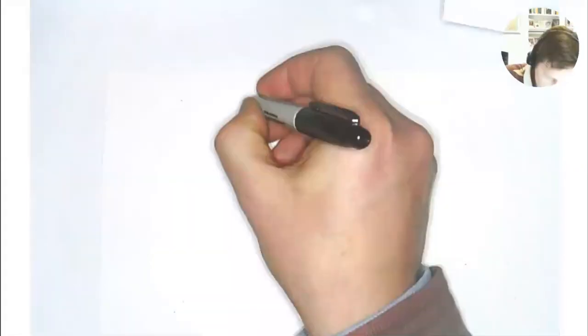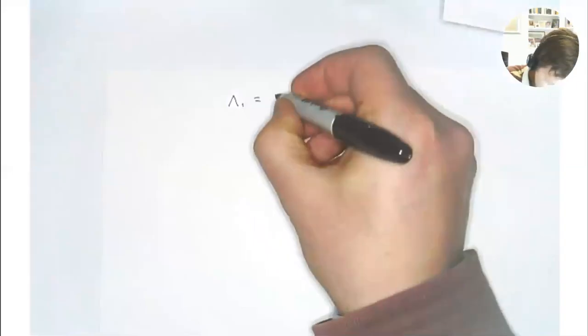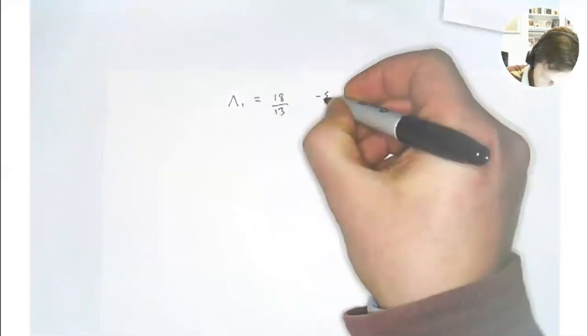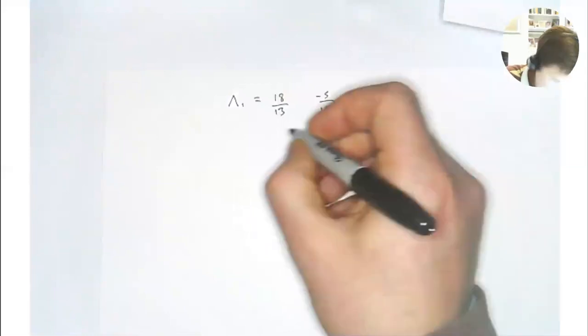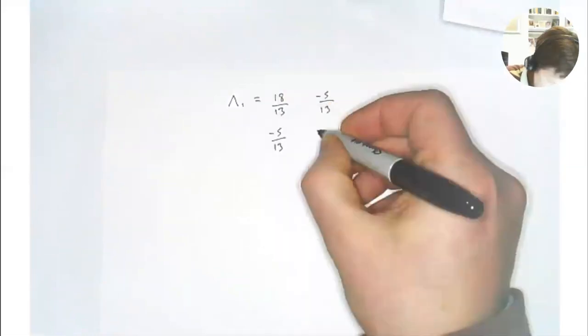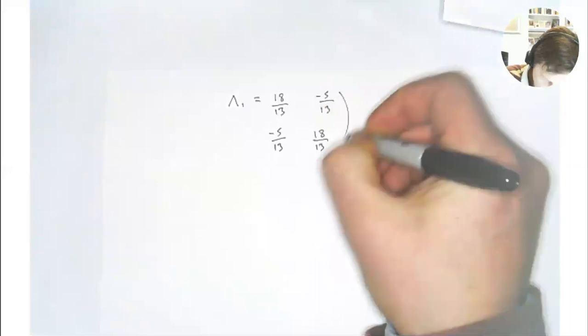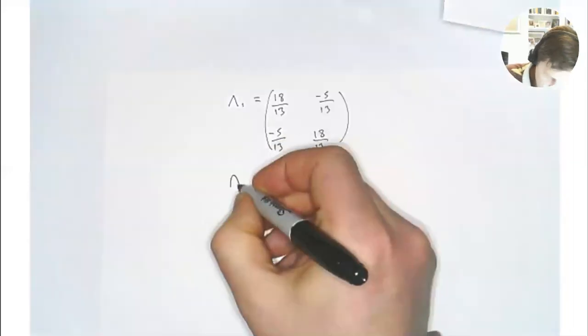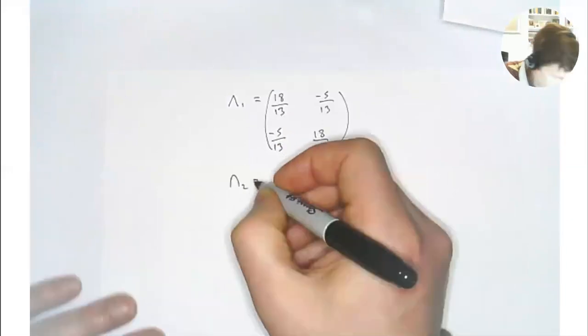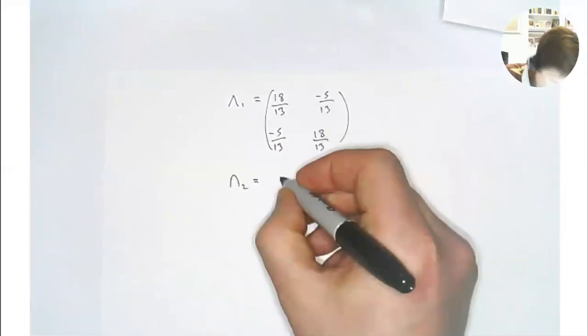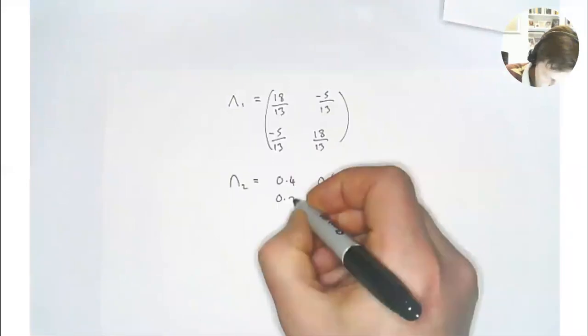And if you do all of them, you would get these. So the first one that we've already done was 18 over 13, minus 5 over 13, minus 5 over 13, 18 over 13. That's what we did already. Looking at m2, m3 would give us 0.4, 0.6, 0.6, 0.4.